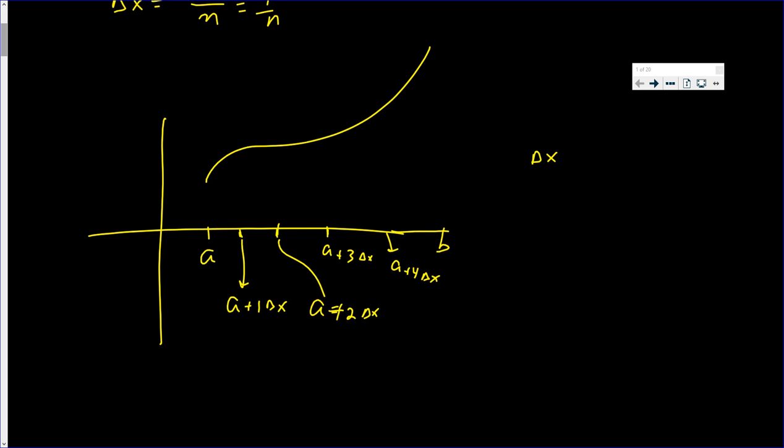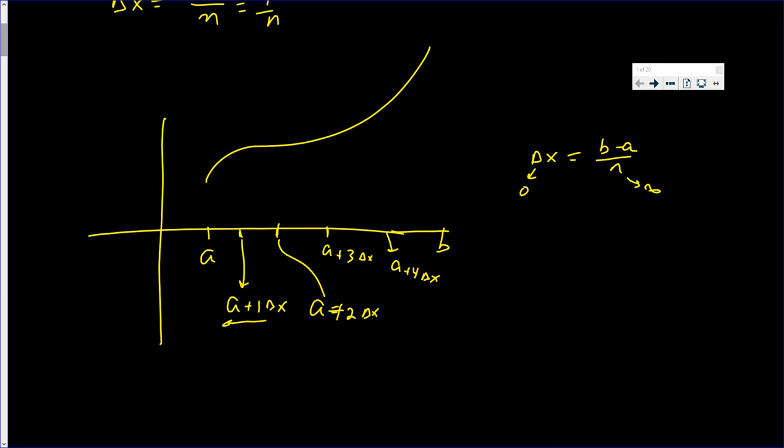Now, it doesn't matter whether we do upper or lower rectangles, or whether we include both the left endpoint and the right endpoint. The reason is delta x. Let us look at delta x for a moment. It's b minus a, which is a constant, over n. If n goes to infinity, then delta x goes to 0.